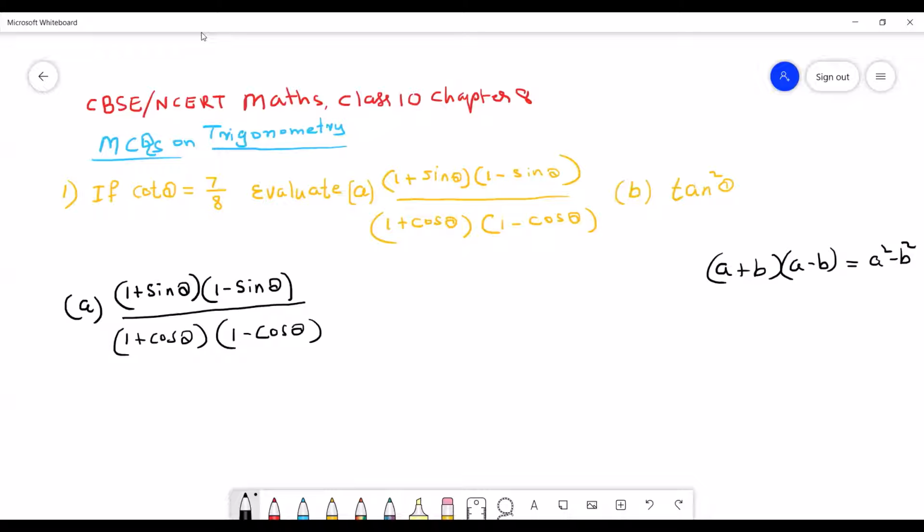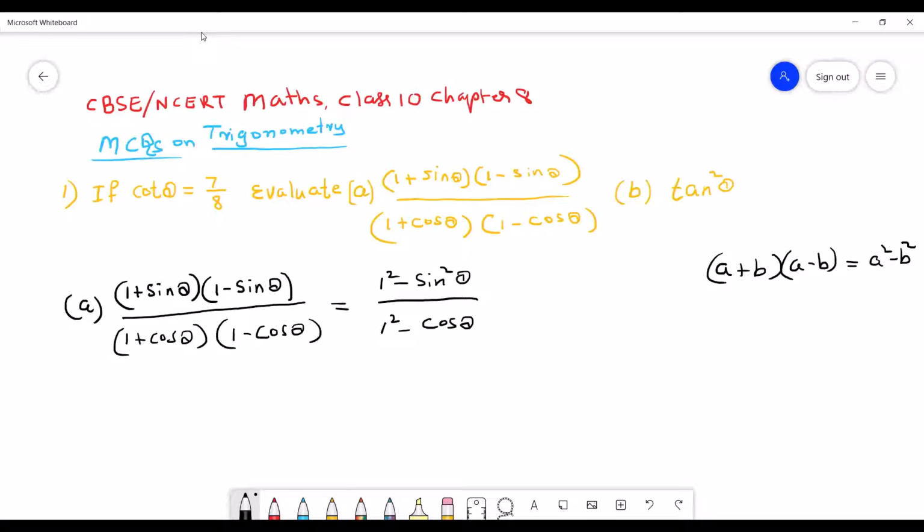Here in the numerator we have 1 plus sine theta into 1 minus sine theta, so we can take 1 as A and sine theta as B. In this way it will come as 1 square minus sine square theta, divided by the denominator 1 square minus cos square theta.